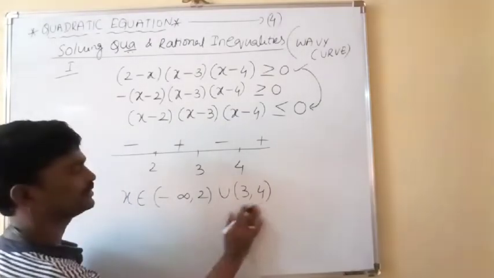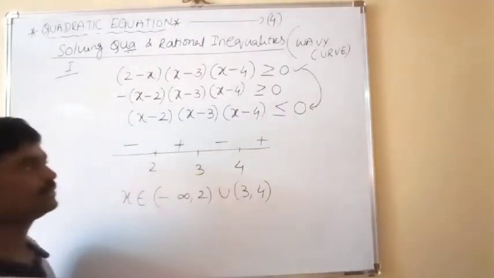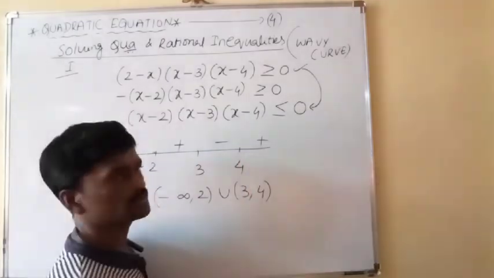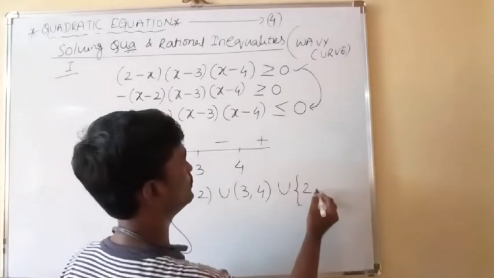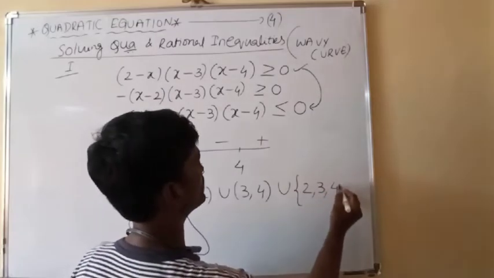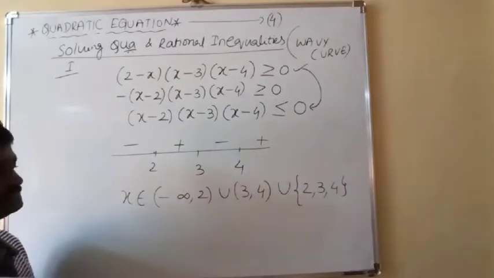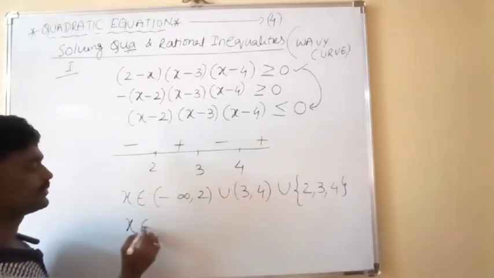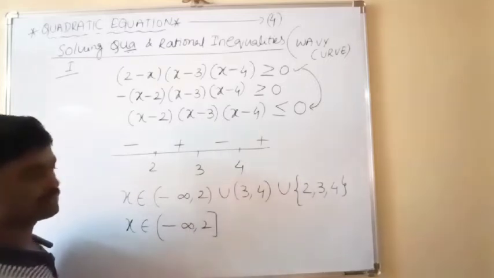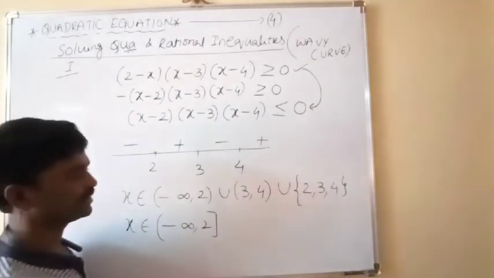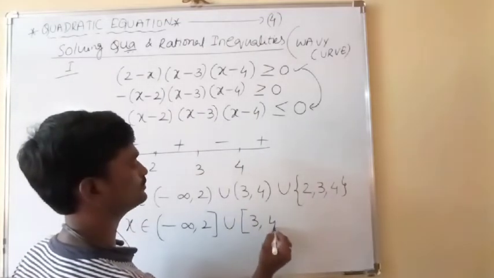In these intervals this product is negative. But we also have to find when this product is equal to 0. That is when x is exactly 2, exactly 3, exactly 4, so the union set of 2, 3, 4. This can also be written as: left open, right closed, minus infinity comma 2, union closed interval 3 comma 4.